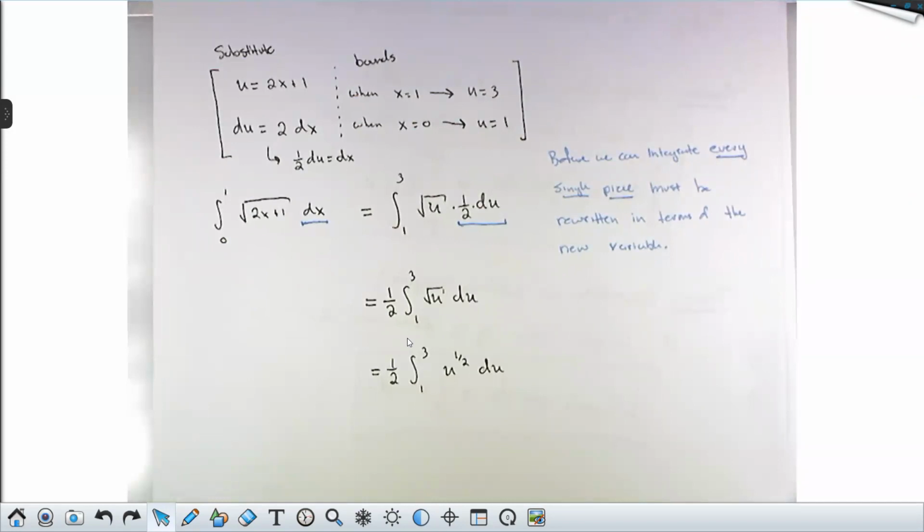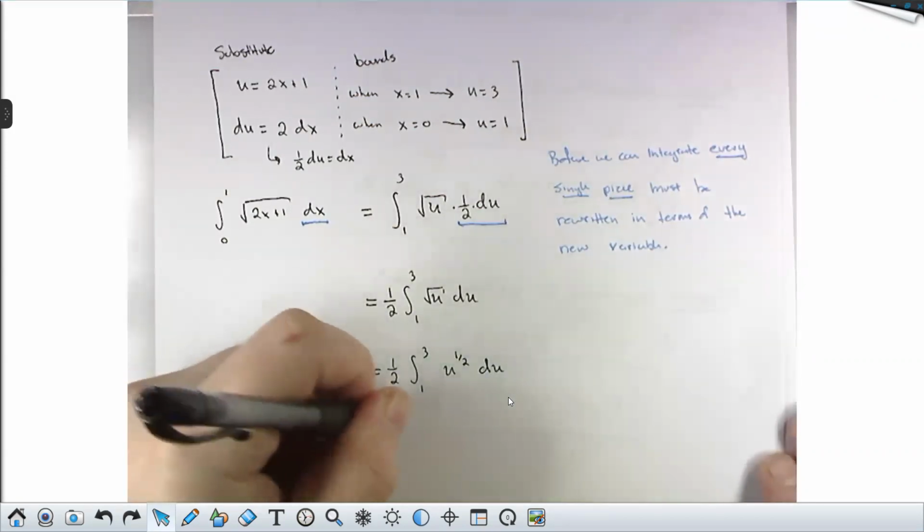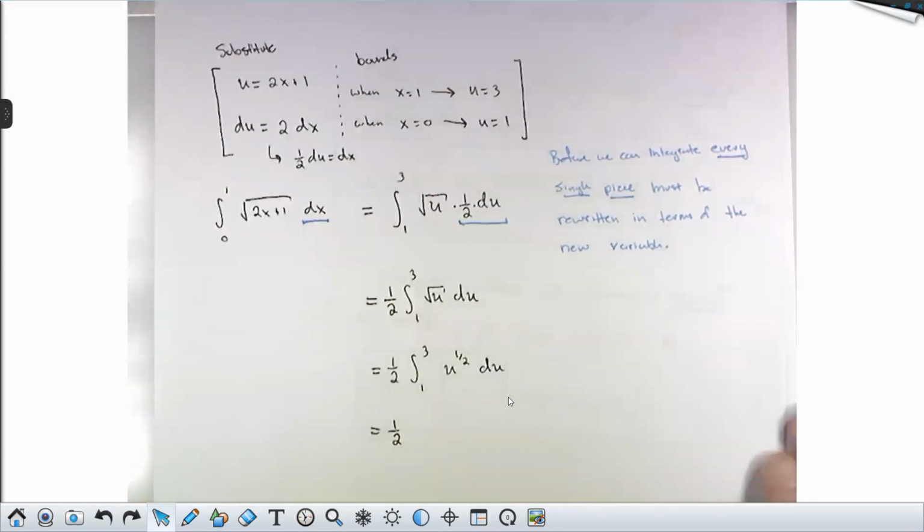Who can help me with the antiderivative step here now? Is it like 2/3 u to 3/2? Yeah, very good. So we follow our power rule because this is now a straight up power function.